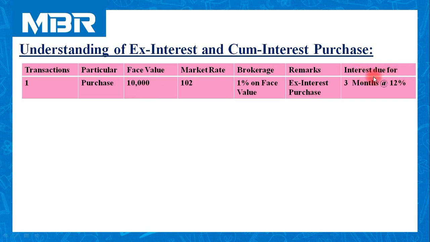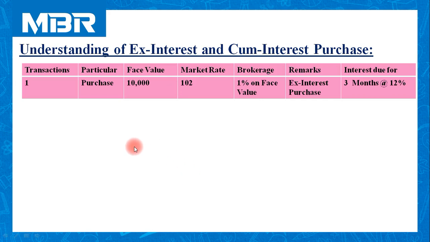The period is also given over here, 3 months at the rate of 12%. As it is the learning process of ex-interest and cum-interest, I have given everything ready-made to you. But in a full-length question, we need to calculate the period due and all other related items. But as of now, our purpose is to learn what to do when the transaction is ex-interest and cum-interest.